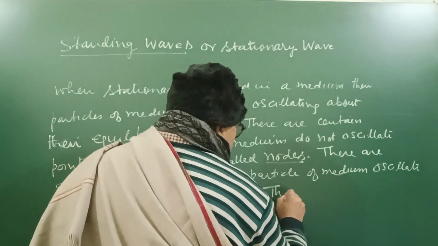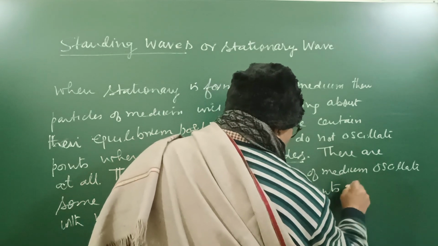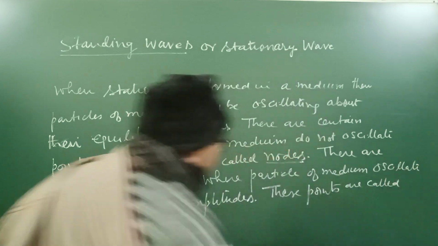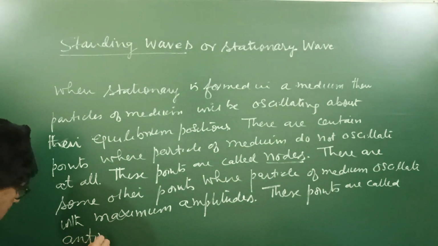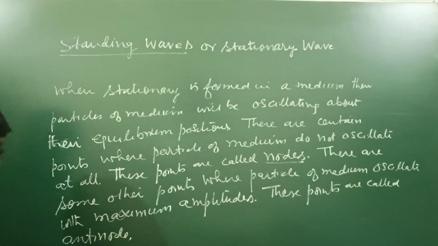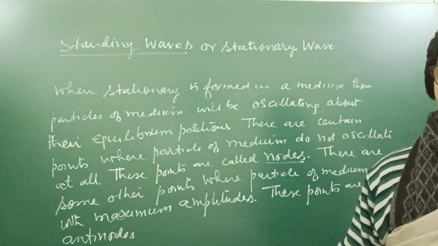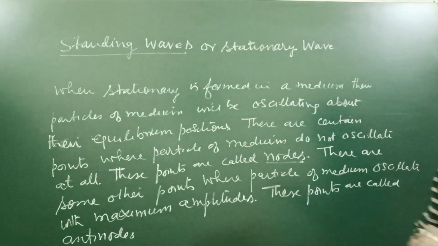These points are called antinodes. Don't get confused. Actually, the particles of the medium, when a stationary wave is formed, will oscillate with varying amplitude.